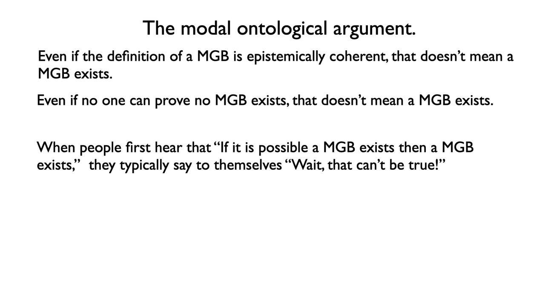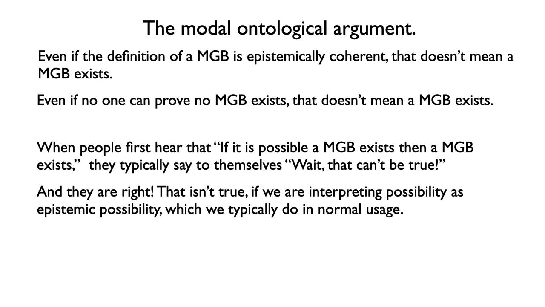That's usually people's first reaction. And they are right. That isn't true if we are interpreting possibility as epistemic possibility, which is what we typically do in normal usage. This statement is only true once we learn about metaphysical possibility and necessity.